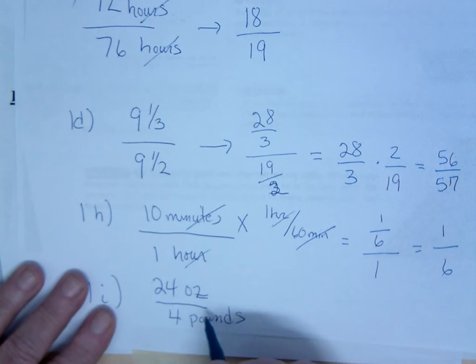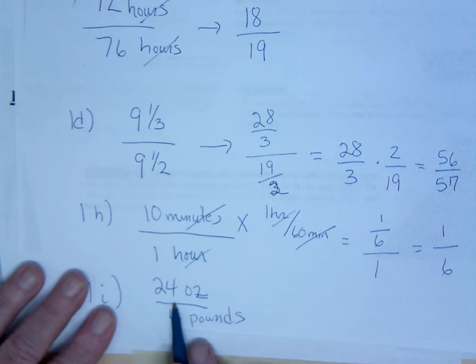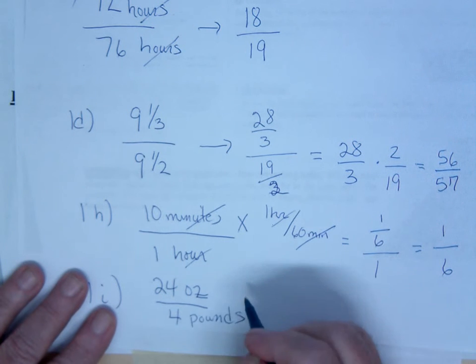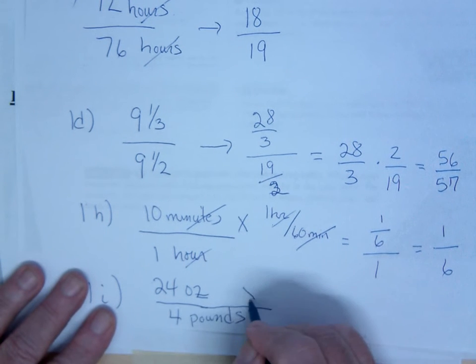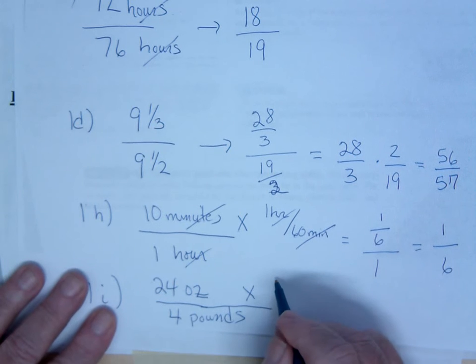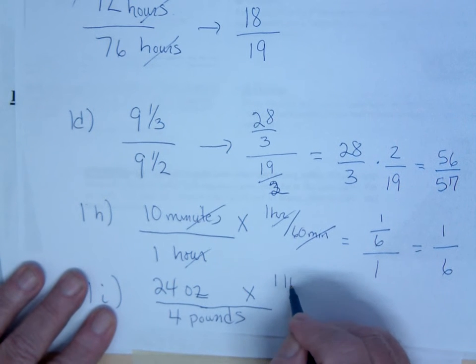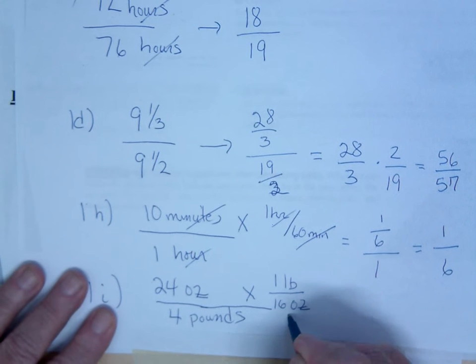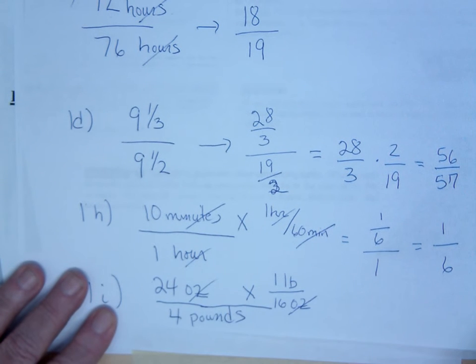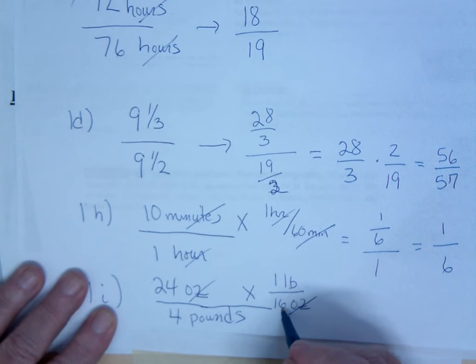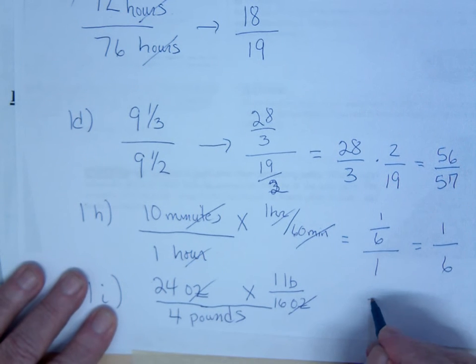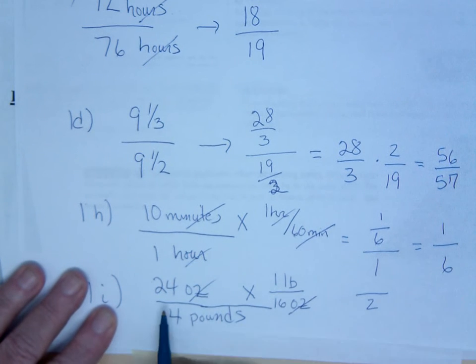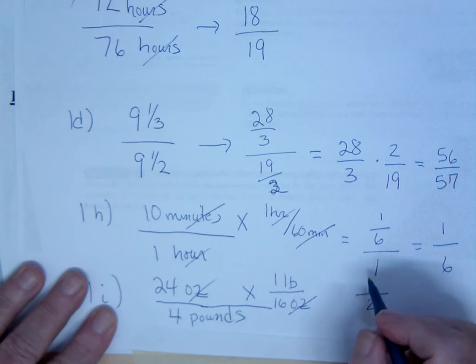The hour will cancel. This example, what we have is 24 ounces and 4 pounds. But we know that there are 16 ounces in a pound. So we have 1 pound per 16 ounces. So the ounces will cancel one with another, and 8 will go into 16 twice, and 8 will go into 24 3 times.